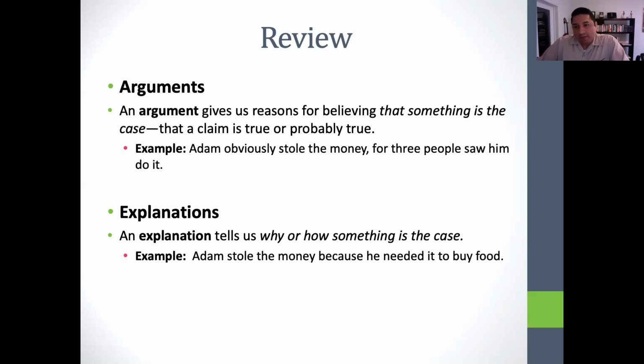It can be a deductive or an inductive argument. An example here is: Adam obviously stole the money, for 3 people saw him do it. The evidence is that 3 people saw him do it. For is a premise indicator for what follows. And then the conclusion is that Adam obviously stole the money.